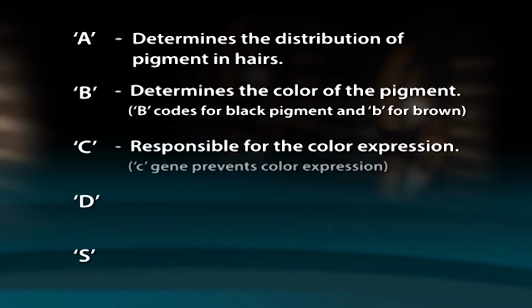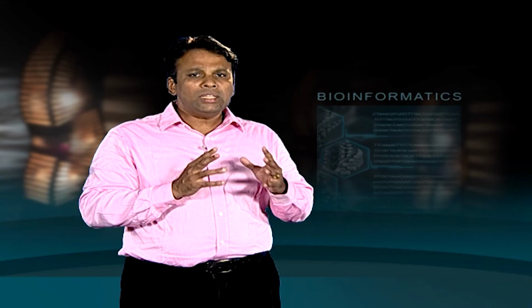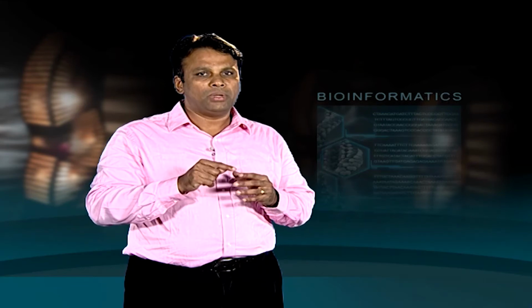The capital C gene, wild type, is responsible for color expression, and the small c gene prevents color expression. The small c genotype is epistatic to the other color genes, and mice lacking coat pigment are called albinos. Another allele of the C gene is C superscript H, which is the Himalayan type.